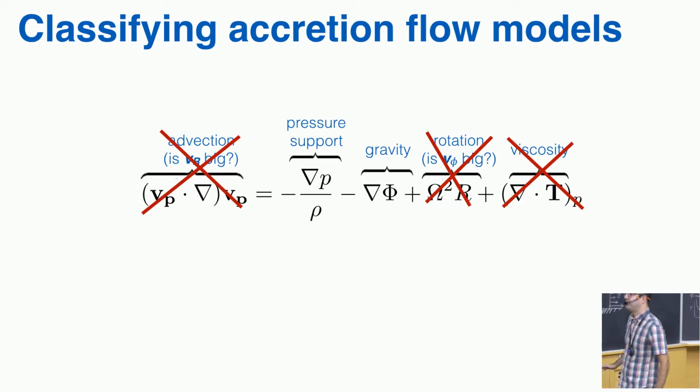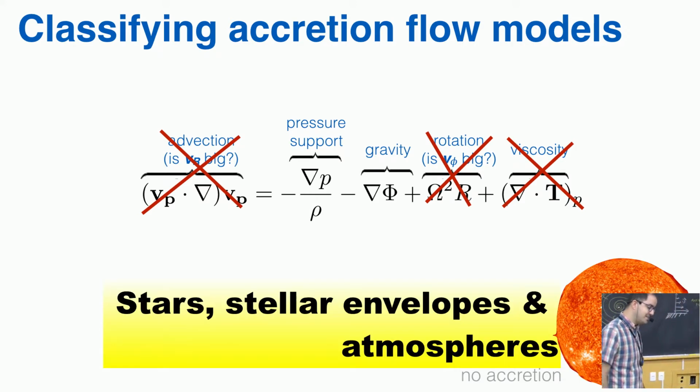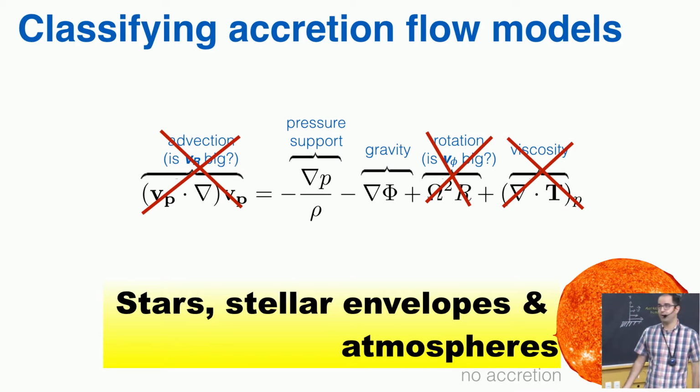So, if advection is not important and rotation is very low, and you don't have viscosity in your flow, these terms are negligible, so the only important terms are the pressure support and gravity. And this kind of approximation corresponds to stars: stellar envelopes and stellar atmospheres can really be modeled by this approximation to the momentum equation.